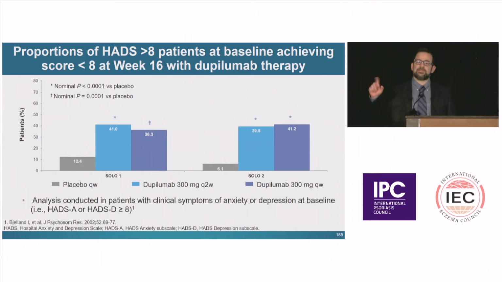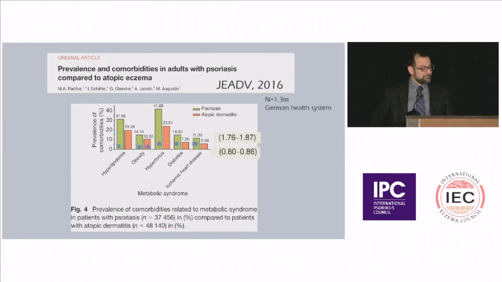If you take the subset of patients who qualify for clinical anxiety or depression by HADS scores, the Hospital Anxiety and Depression Scale, and you treat them with this Th2 blockade, at week 16 up to 30 to 40% of them no longer qualify as having clinical anxiety or depression, statistically significant over placebo. So controlling inflammation and controlling itch can seemingly have a nice positive effect on mental health comorbidity.